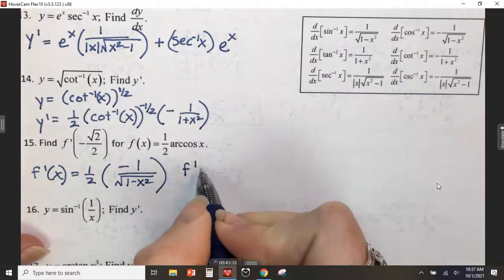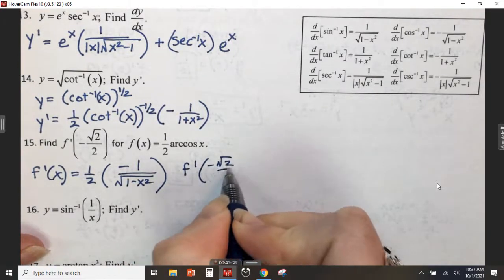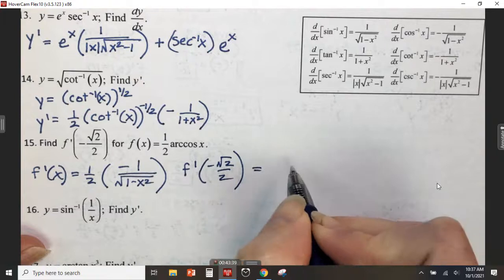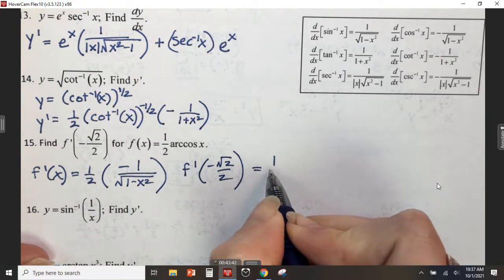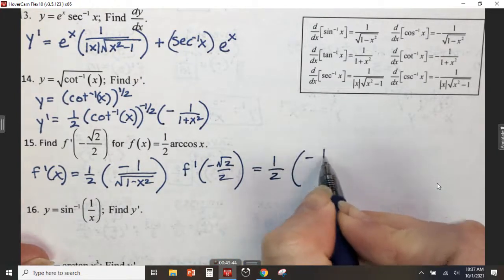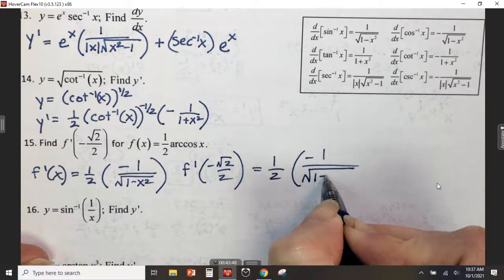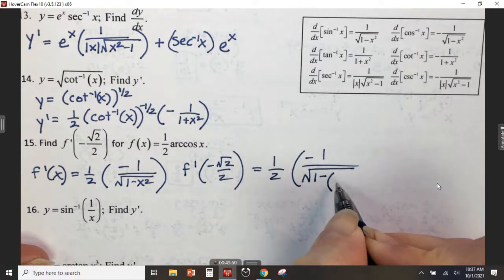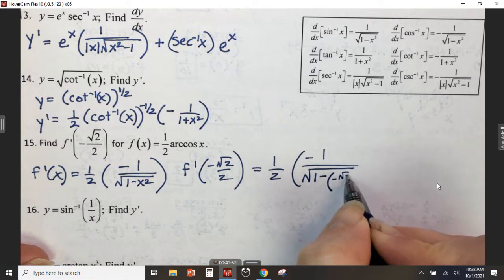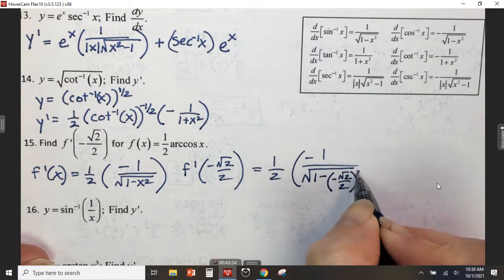So f prime of negative square root of 2 over 2 will equal 1/2 times negative 1 over the square root of 1 minus, in parentheses, negative square root of 2 over 2 quantity squared.